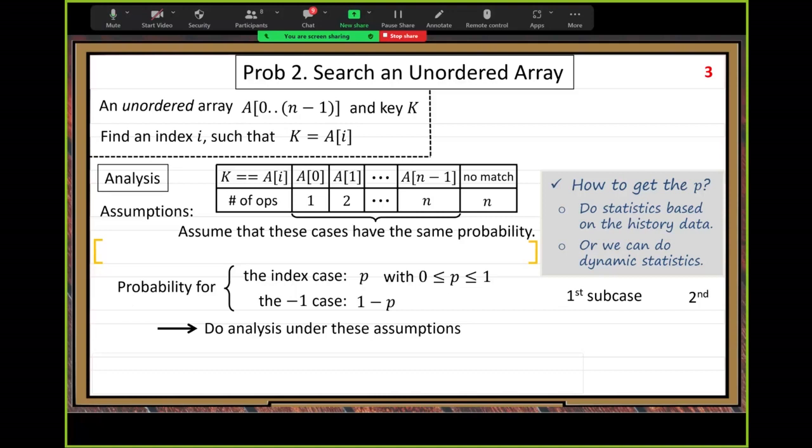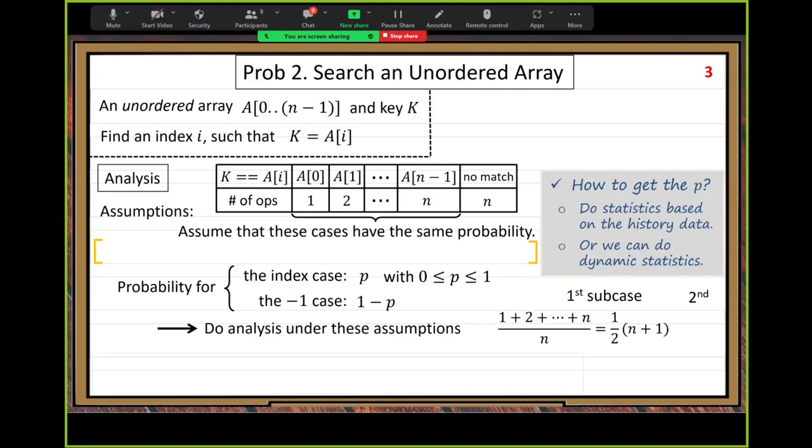For the first subcase, what is the average number of comparisons? That's easy, because we assume they have an equal chance to be equal to the given key. So to calculate the average case efficiency for the first subcase, we just take the average of these n numbers, 1 plus 2 plus ... plus n.